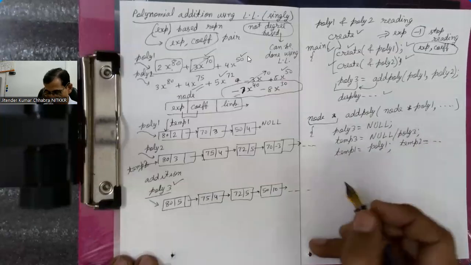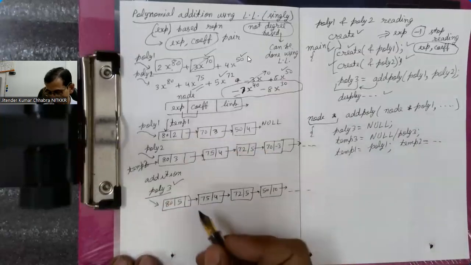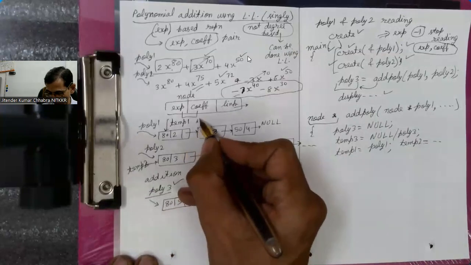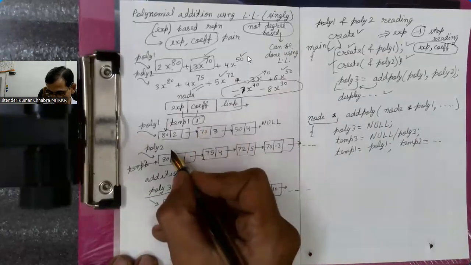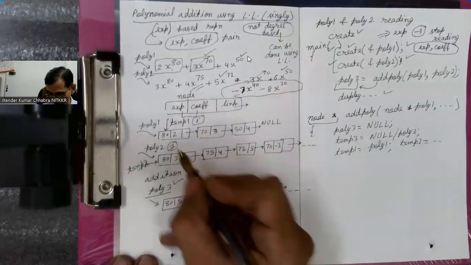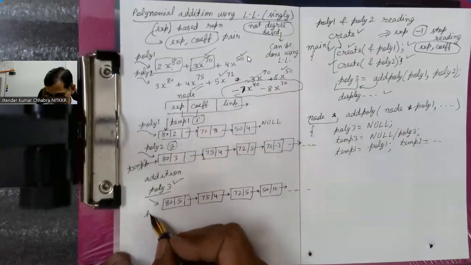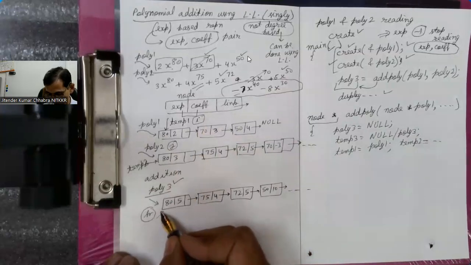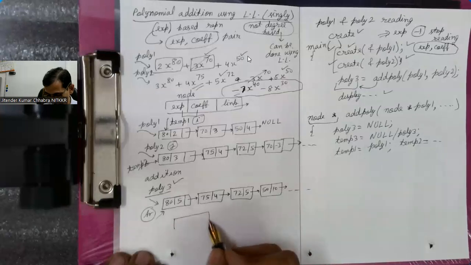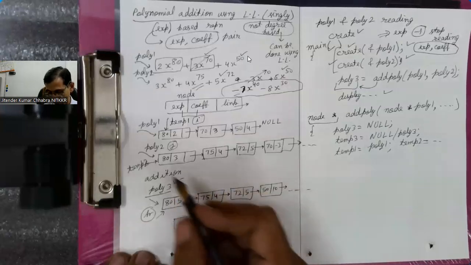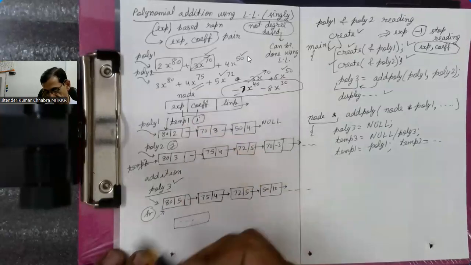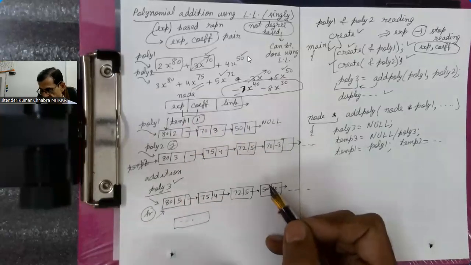Effectively meaning, in case of array-based storage, we used i to be the first index. Here we used j. And for the third polynomial or addition, we used k. In the array-based storage, we have done that using i, j, k. Now, instead of i, it is temp1, and every time temp1 should shift.